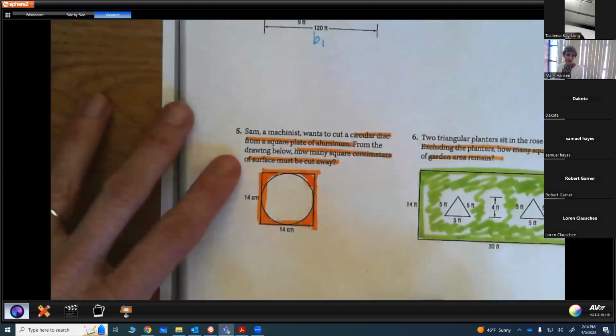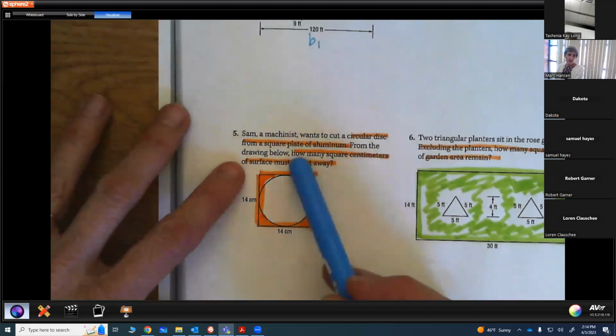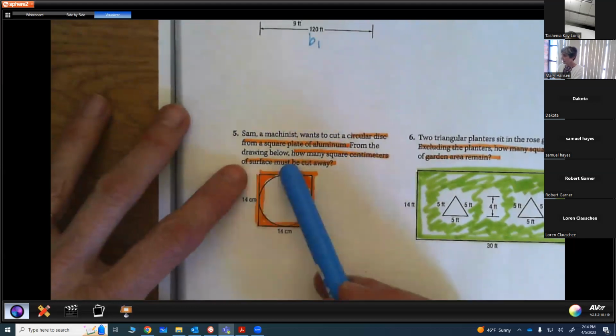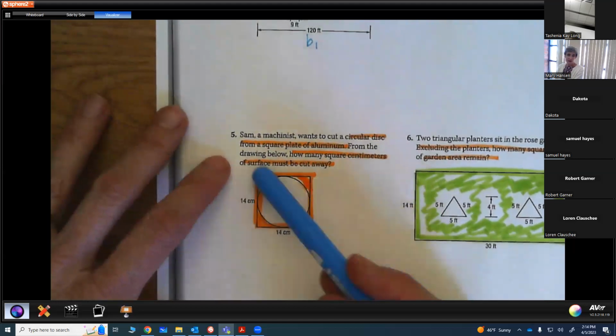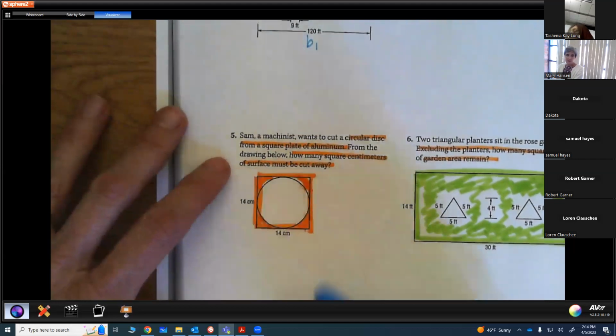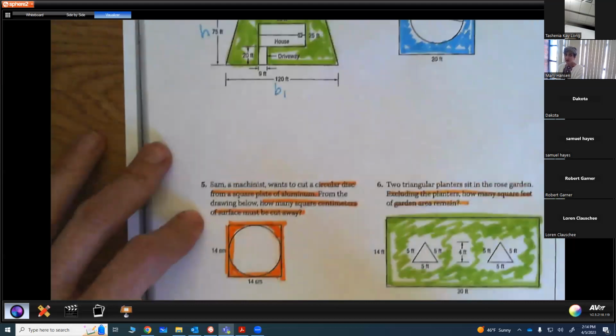Okay, number 5, he wants to cut a circular disc from a square plate of aluminum. How many square centimeters of surface must be cut away? In other words, we want to know the area of what I've colored in orange. This problem is almost the same as number 4.